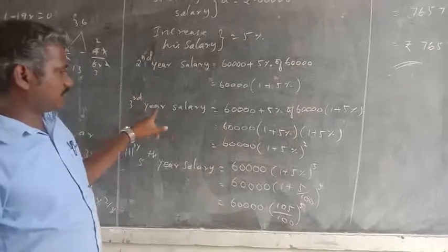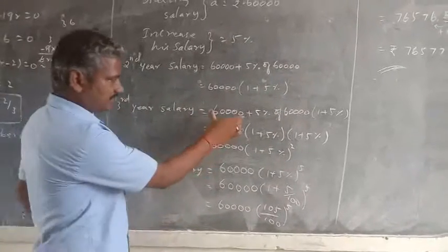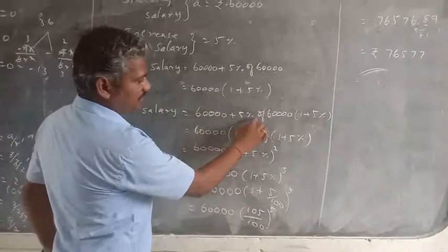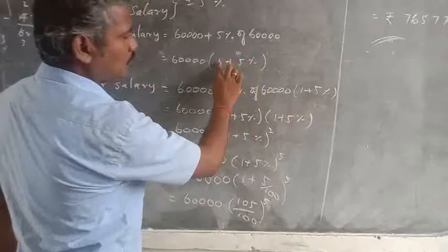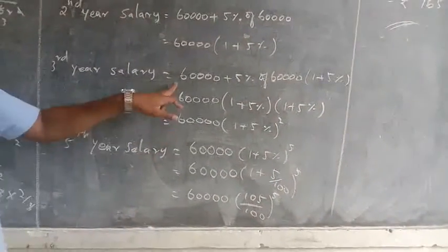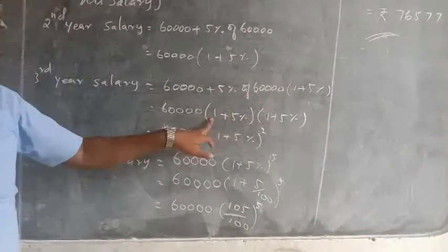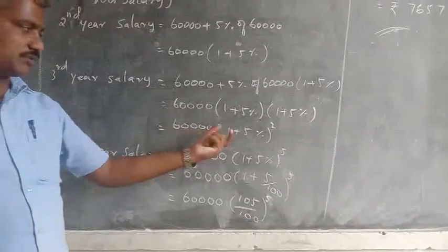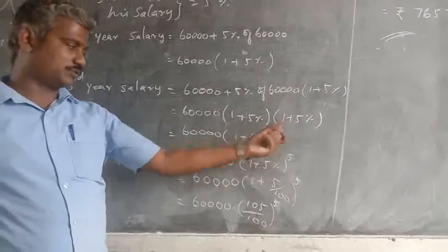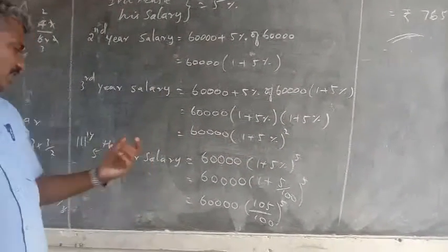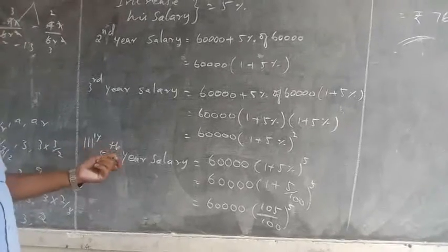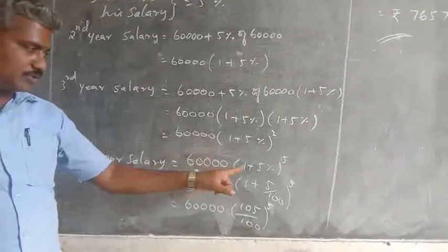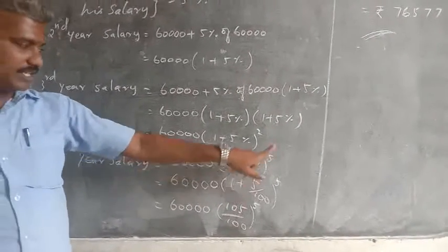The third year salary is again 60,000 plus 5% of 60,000 into 1 plus 5%. So 60,000 common: 1 plus 5% into 1 plus 5%. So 60,000 into 1 plus 5% whole square. So this process goes on. At the end of the 5th year, the salary is 60,000 into 1 plus 5% whole power 5.